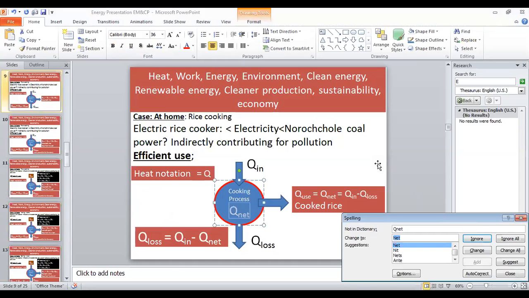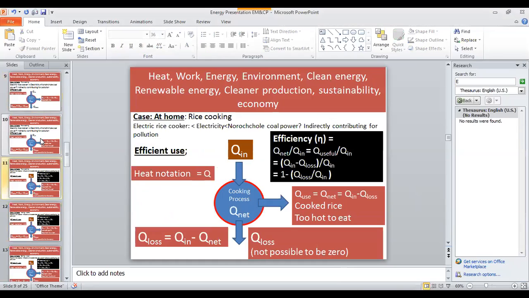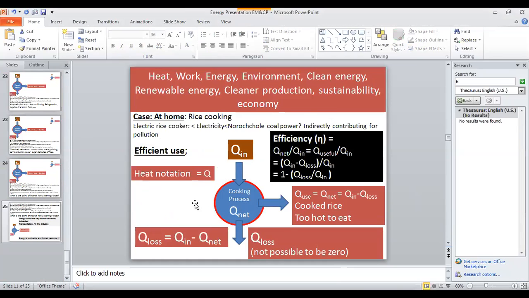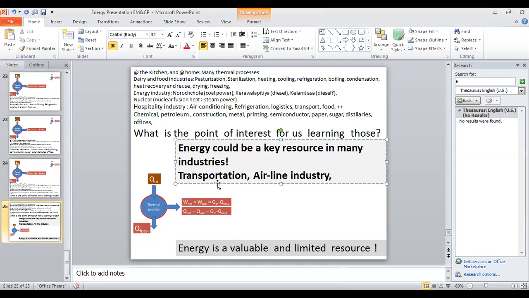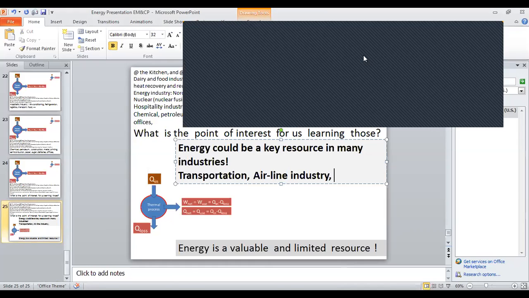Even the energy bill is a matter of concern.